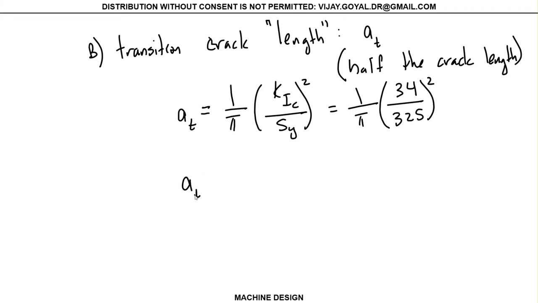So your transition crack length is 3.48 millimeters. Okay? So let's move on.